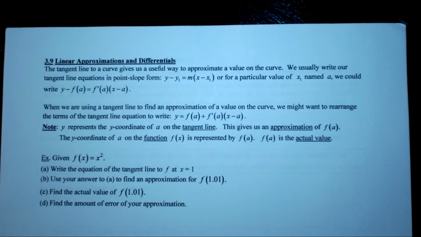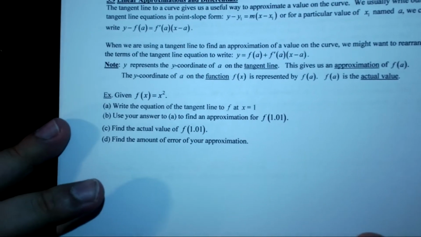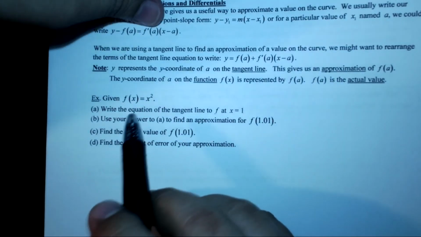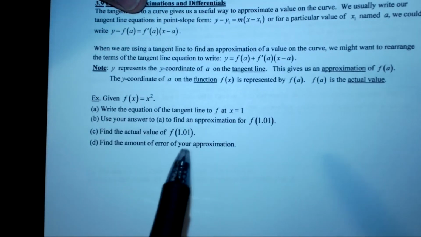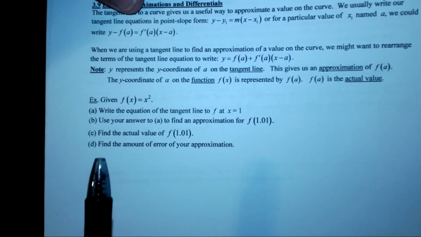So for starters, we're going to do a pretty easy example just so that you can see how this works. We're going to start off with f of x is equal to x squared. It says, write the equation of a tangent line to f at x equal 1.